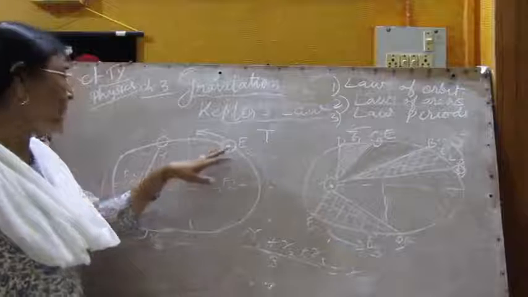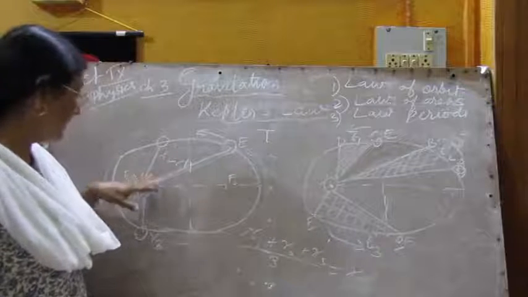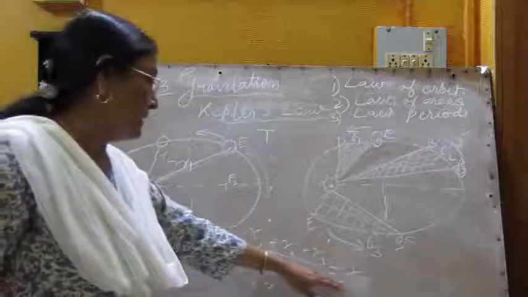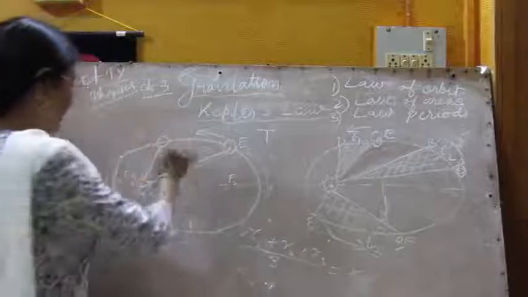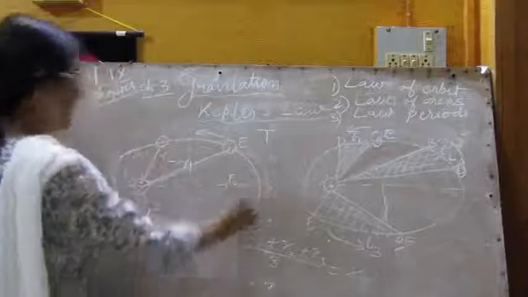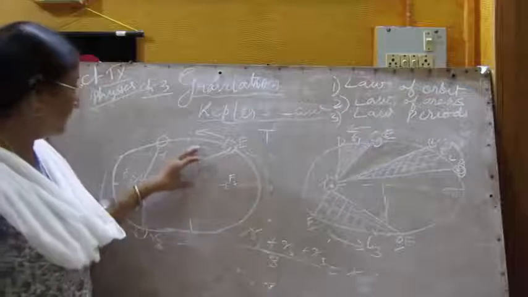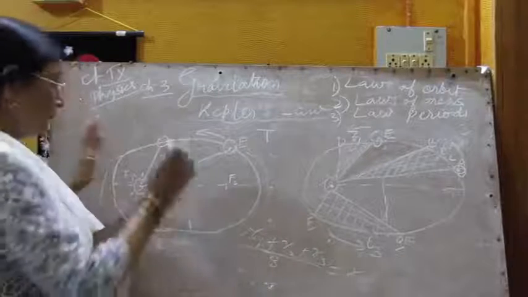That means the line, which line? The line joining the earth, the planet and the sun. The mean distance of this planet, because during the elliptical orbits R is not equal all the time. Sometimes it is long, sometimes short, sometimes medium.